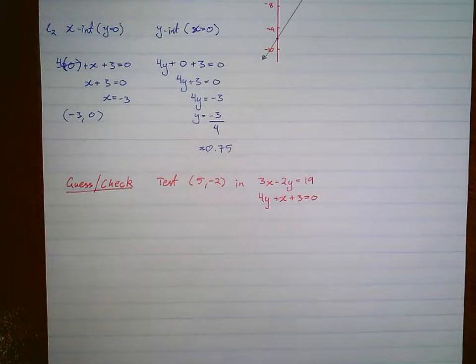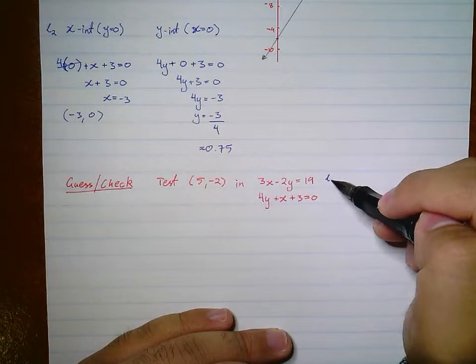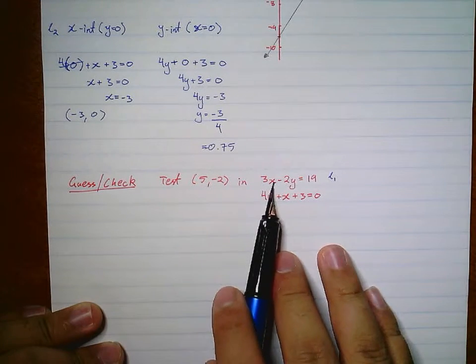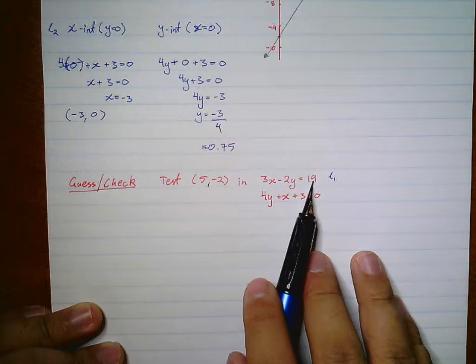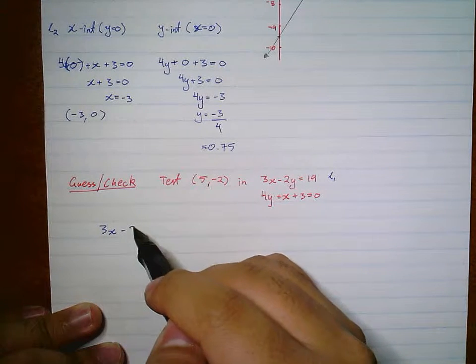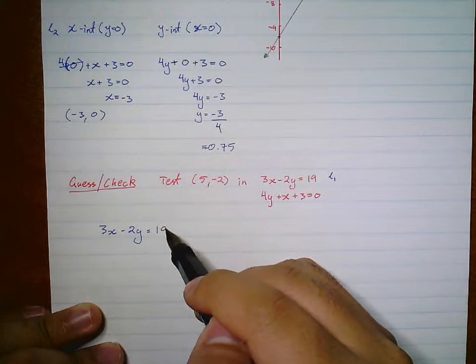So let's test in line 1. If we substitute the x here and the y here, we should get 19. So here we go. 3x minus 2y equals 19.